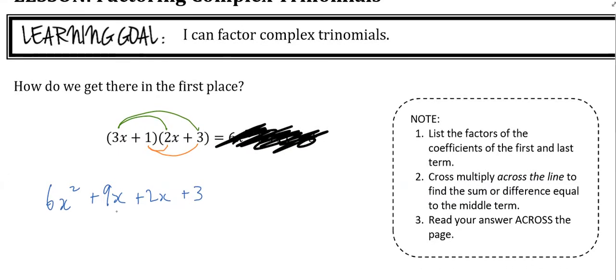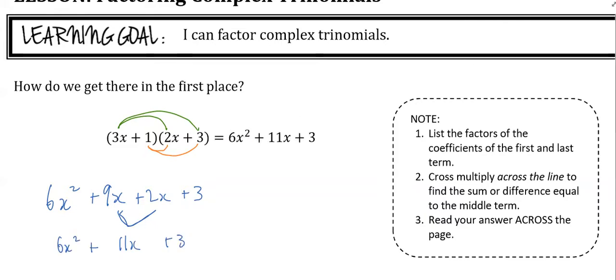And then these two middle terms, they're not always in the middle, but usually our brackets are set up in such a way that it's the two middle terms. But because they're like terms, they're both x, so 9x and 2x is 11x, and we would still have the other terms. And that's the thing that we hid before. So, yep, looks like everything's right. 6x squared plus 11x plus 3.